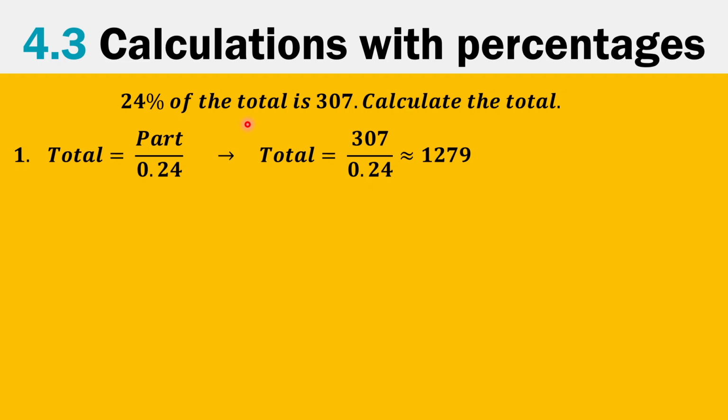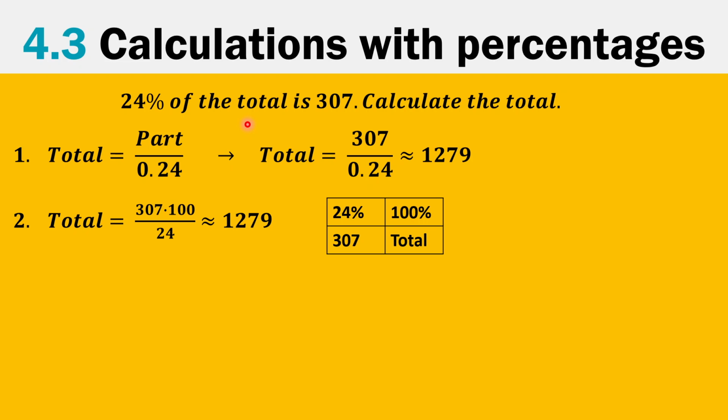And remember, you have to write down a calculation. I'm giving you just different ways to write it down. This is using the formula, you can say. You can also use ratio tables, right? Because percentages actually work like ratios. If 24% is 307, then 100% is the total.